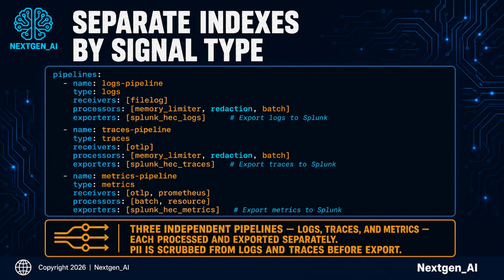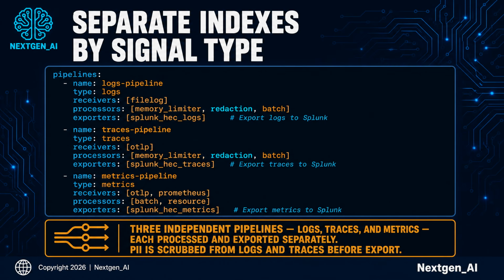The collector allows you to define separate pipelines for traces, metrics, and logs. This is a critical architectural feature. It means you can apply different processing rules to different types of data. For example, you might want to run the redaction processor on traces and logs, but skip it for metrics to save CPU cycles, since metrics rarely contain PII.